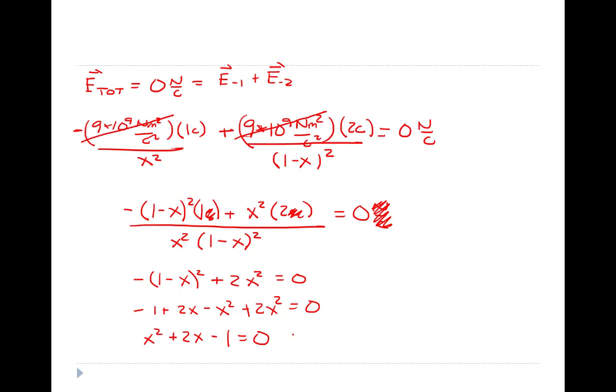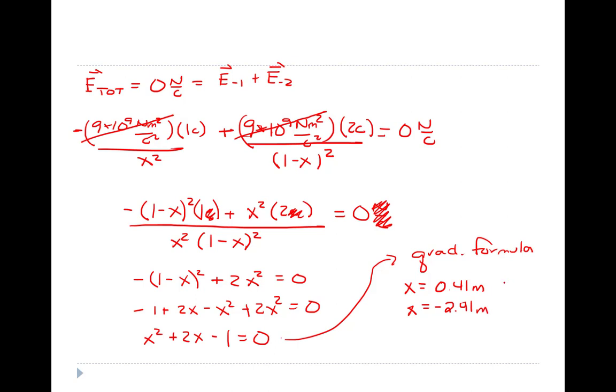And if we put this into the quadratic formula, we get two answers. We get x equaling 0.41 meters or x equaling negative 2.41 meters.